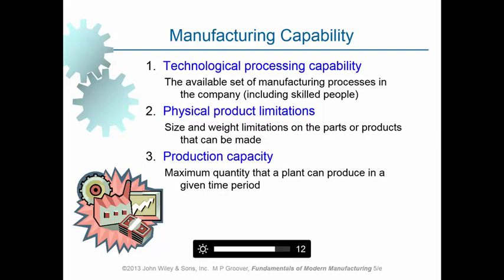That is the size and weight limitations on the parts that can be produced. If I have got a small turning machine, there is a limit for the range of the parts that I can produce, and I cannot machine larger parts or smaller parts than the machine actually allows me to do.